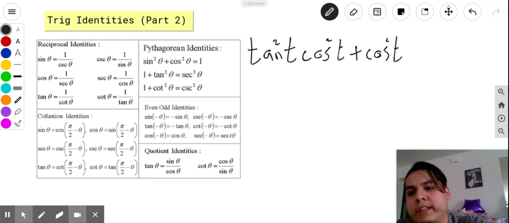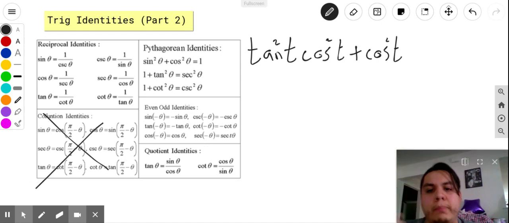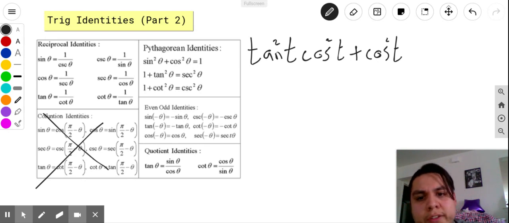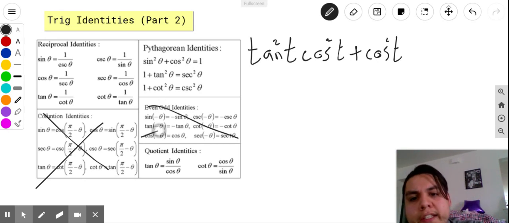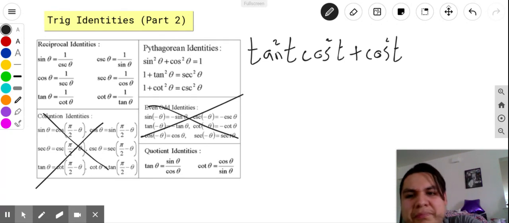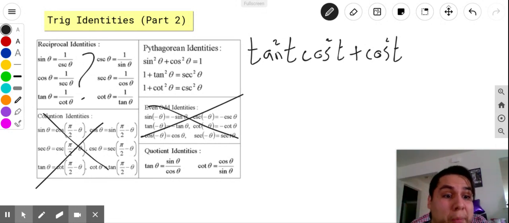So I can say this shouldn't apply. Same with the even odds. I don't see any minus signs in here, so I don't see how the even odd identities can help me out. I don't really see any of the reciprocals in here right now. I don't see how this one works, but maybe you do, and that'll help you out.